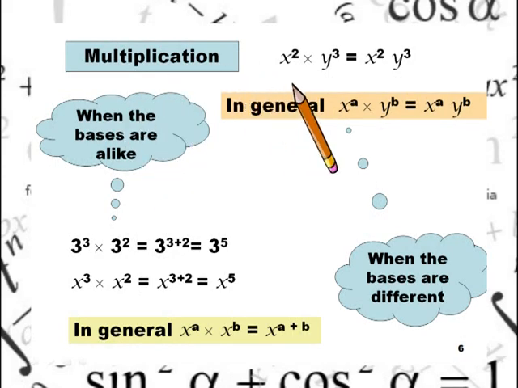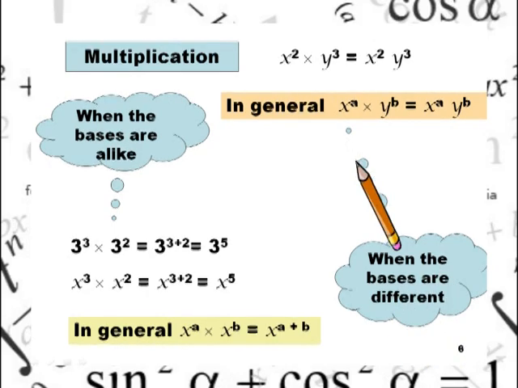When the bases are different, x squared by y cubed equals x squared y cubed. In general, x to the a by y to the b is equal to x to the a y to the b. When the bases are different, x and y.